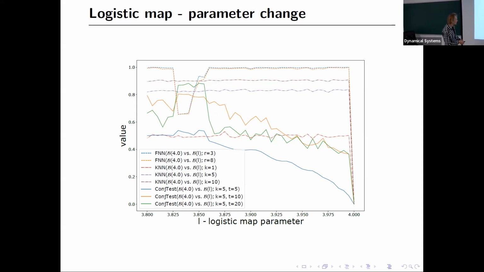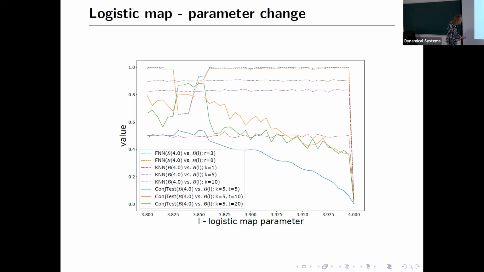So the more the parameters of the system change, the higher the value of the conjugacy test. So it's like an indicator of how similar the behavior between those two time series is.